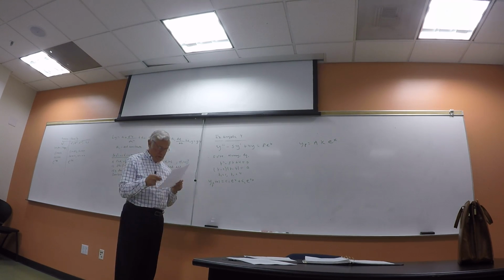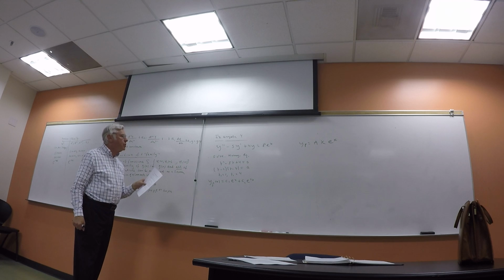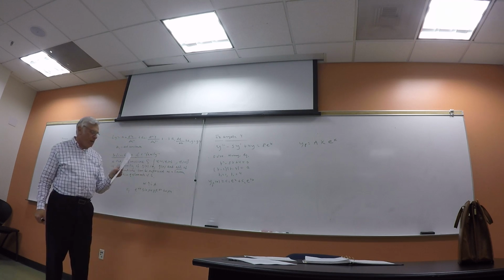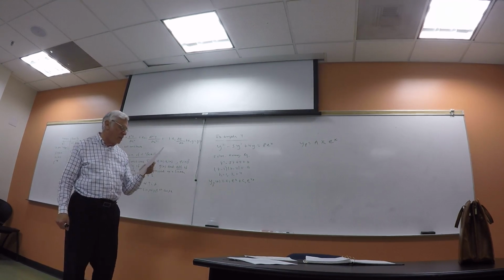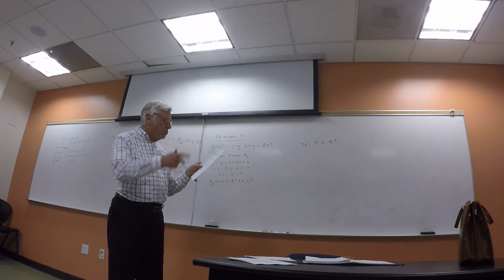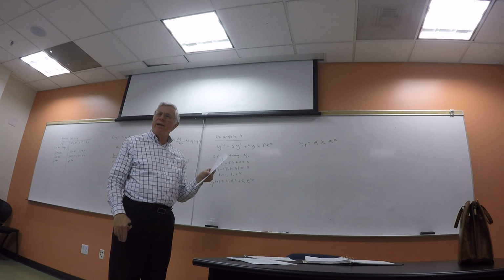But then I have a little note over here. It should also be noted, for example, that the presence of e to the x alone is what signals the problem. Suppose you had a differential equation, and part of the homogeneous solution had e to the x and sine x. So we had c1 e to the x, maybe c2 sine x, okay? And suppose the right-hand side was e to the x times sine x.